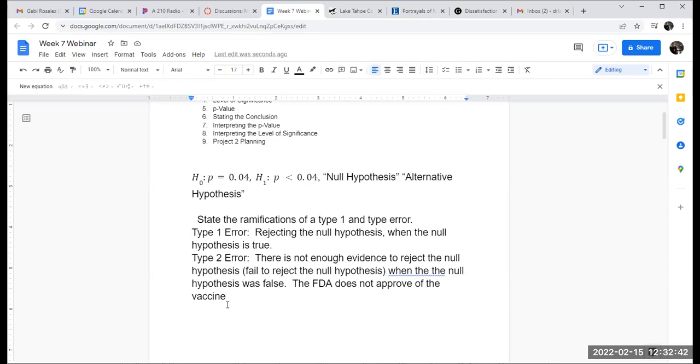Okay, but the vaccine works. And what are the ramifications of that? Let's see. So the ramifications are we're not allowed to get vaccinated.